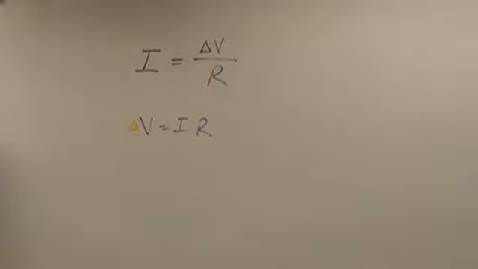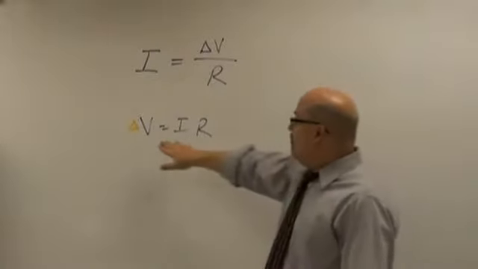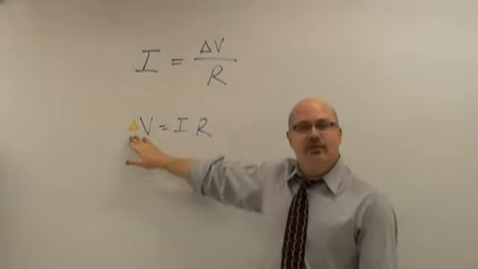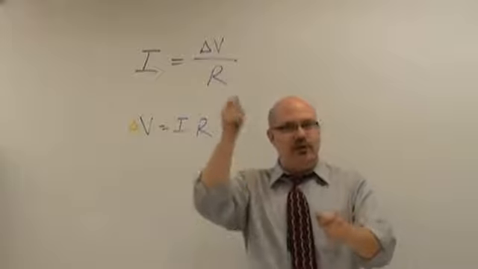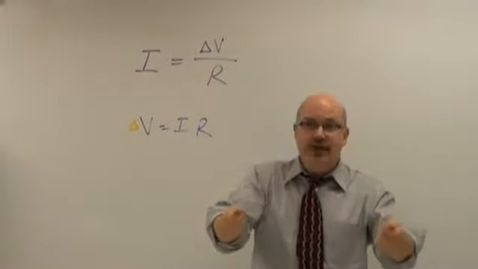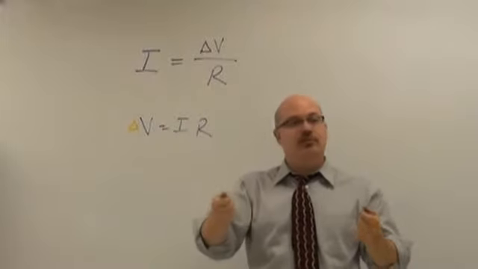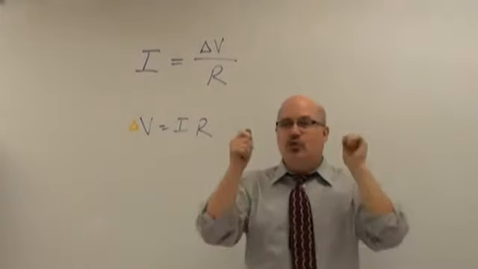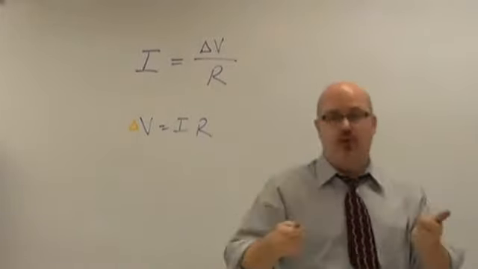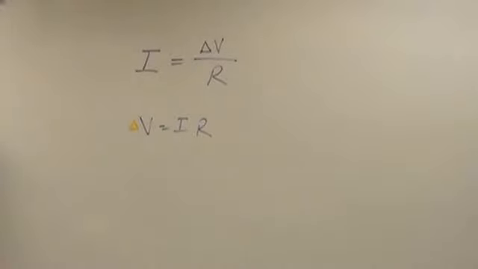There has to be a difference in potential between two spots, right? So I would like for you to remember to put that little delta there to remind you that there is a difference in potential between two distinct locations. Without a difference in potential between two distinct locations, you will not have charge flow. No current. Got it?